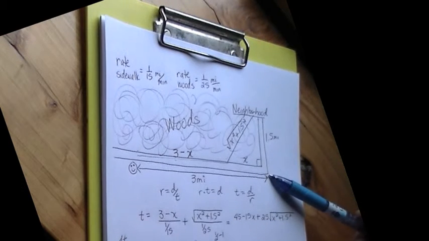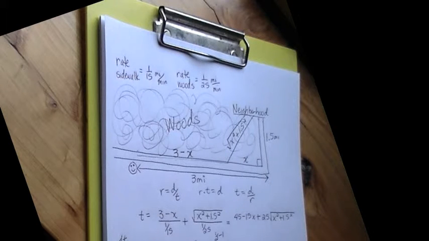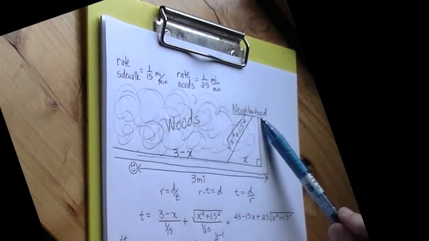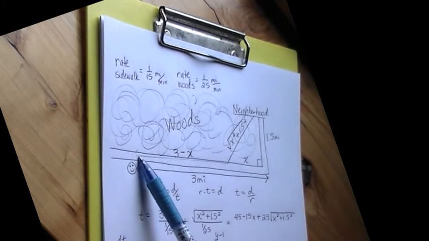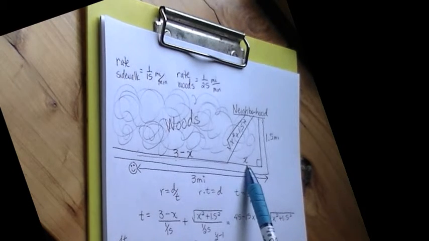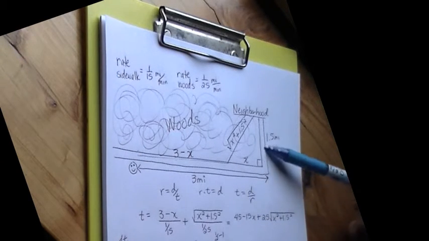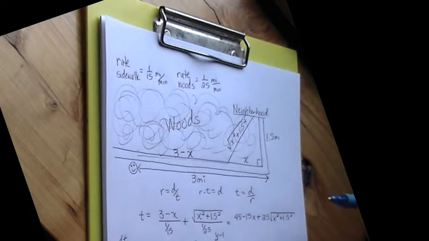So this is an example where the minimum doesn't occur where the derivative is 0, but instead occurs at one of the extreme endpoints. So the extreme endpoint in this case is if x is 0 and I go all the way down the sidewalk the whole way, that'll only take 67.5 minutes.